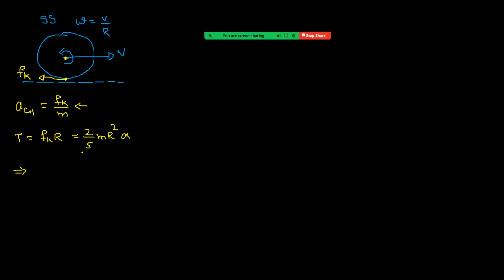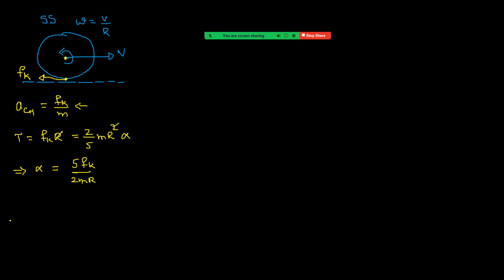See what the alpha value is. One r gets cancelled. Alpha equal to 5 Fk by 2 mr, which is a constant.